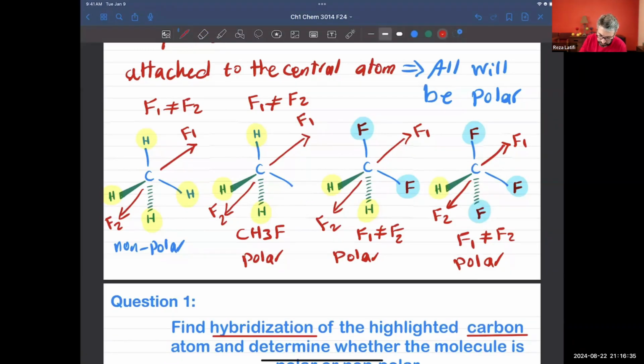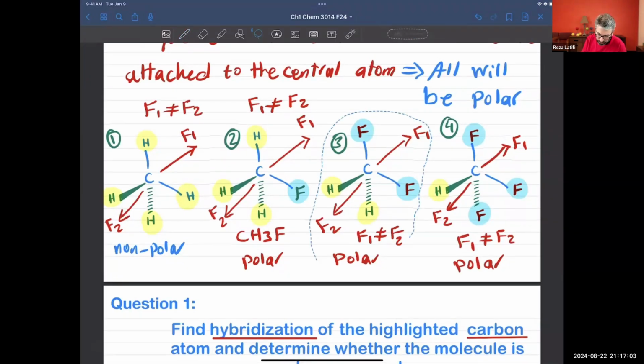So that's going to be a fluorine. One of you might say the third structure. So let's call this one 1, 2, 3, 4. Third structure. What will happen if you put one of the fluorines down?